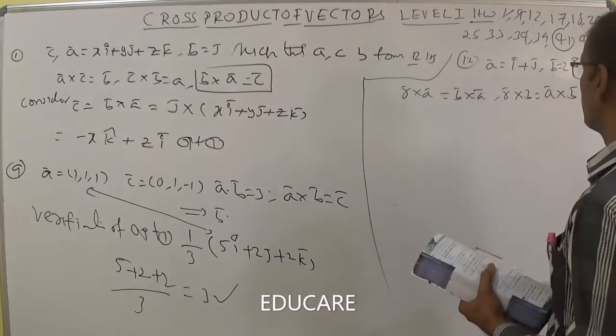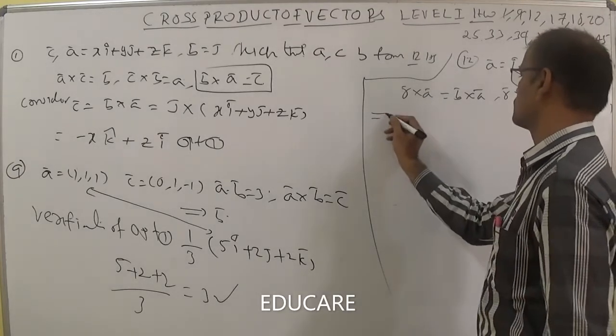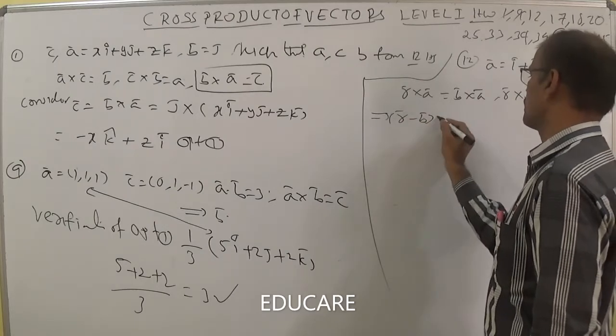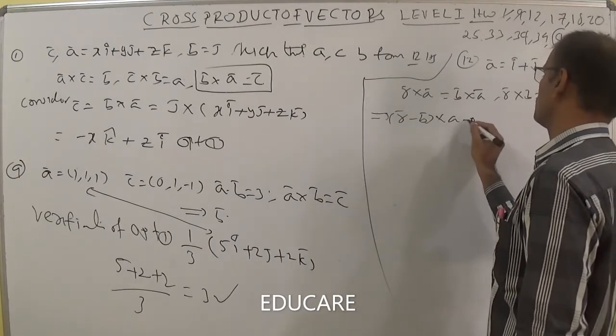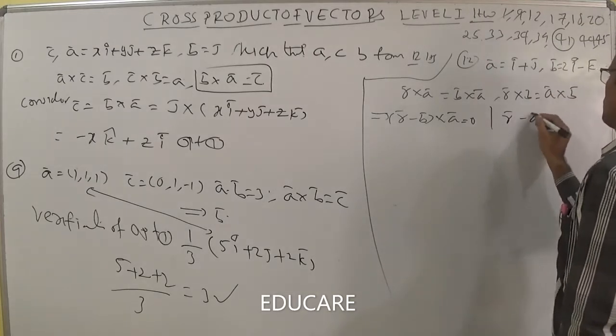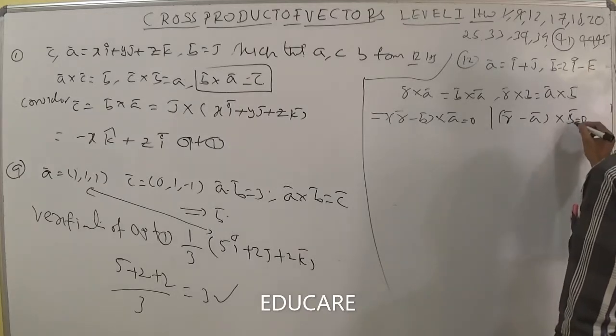So what is the value? Take R cross A to this side: R bar minus B bar cross A bar equal to 0. And here you can write R bar minus A bar cross B bar equal to 0.